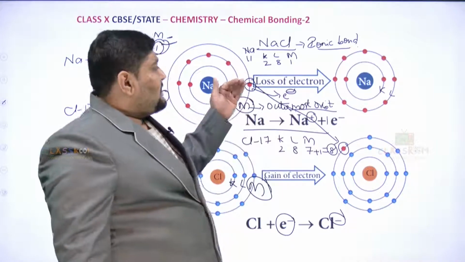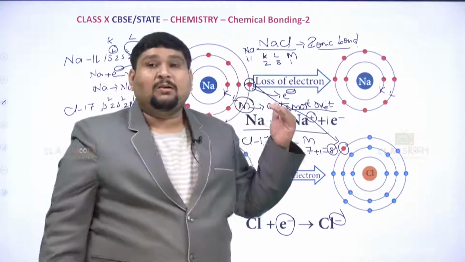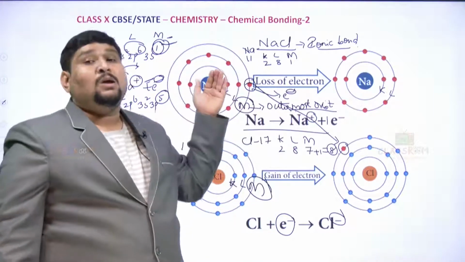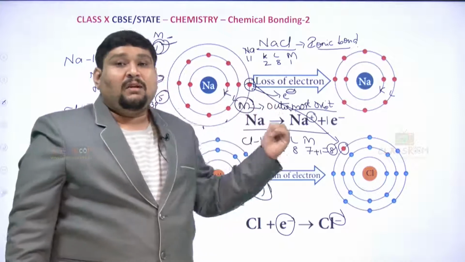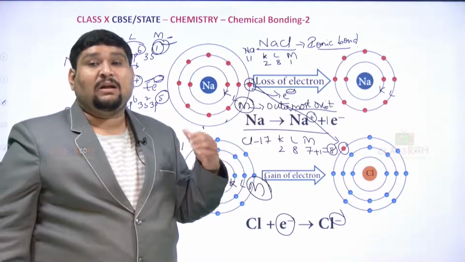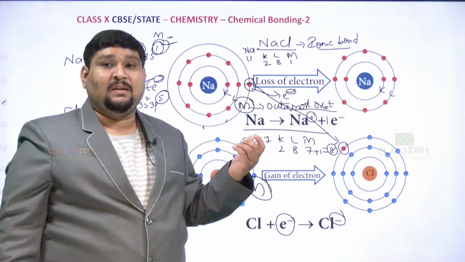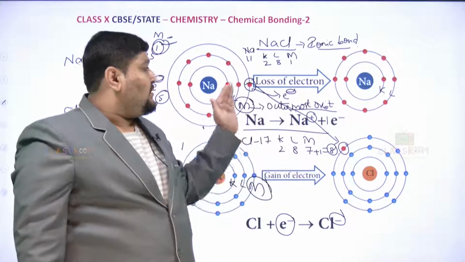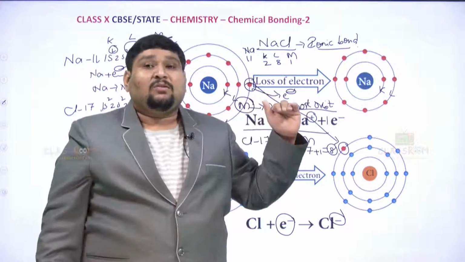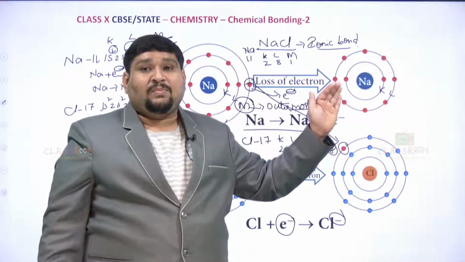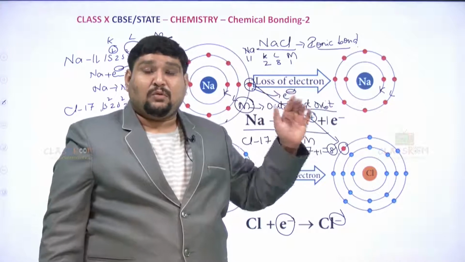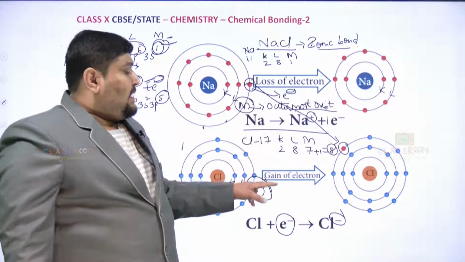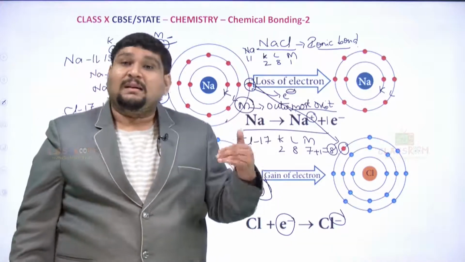So this is how you can find the formation of an ionic bond between two dissimilar elements, one being sodium, an electropositive element, and one being chlorine, a highly electronegative element. During this you find the transfer of electrons, one trying to give out the electron, and once the electron is lost by a unipositive cation, it is gained by a uninegative anion.